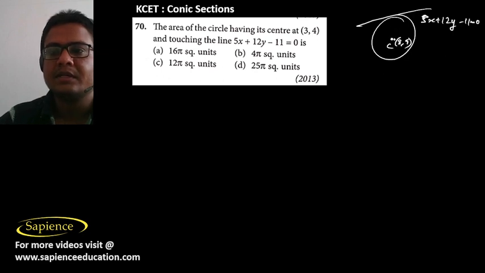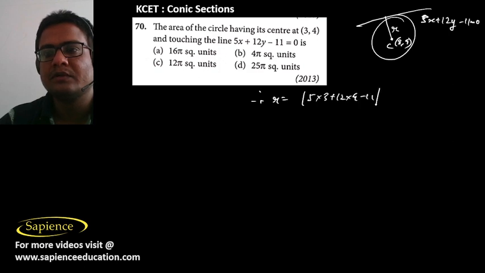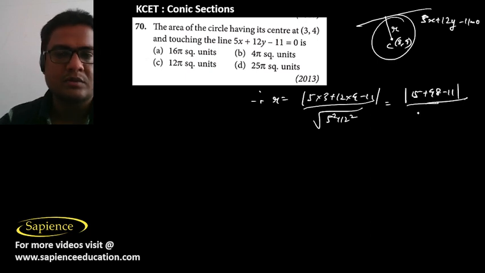It means the perpendicular distance of this tangent from the center of the circle will be equal to the radius. So the radius will be mod of 5 into 3 plus 12 into 4 minus 11 divided by square root of 5 square plus 12 square. So that would be mod of 15 plus 48 minus 11 divided by root over 5 square plus 12 square.